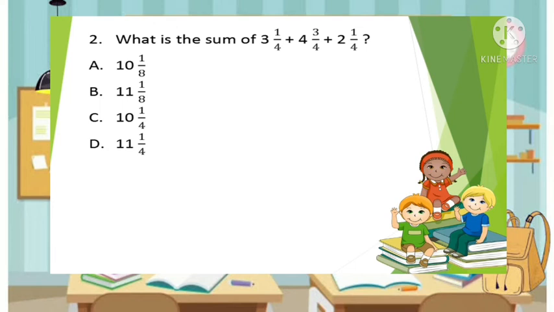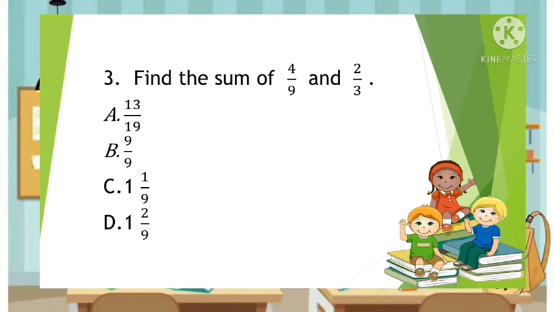For number 2, what is the sum of 3 and 1/4 plus 4 and 3/4 plus 2 and 1/4? A, 10 and 1/8. B, 11 and 1/8. C, 10 and 1/4. D, 11 and 1/4.